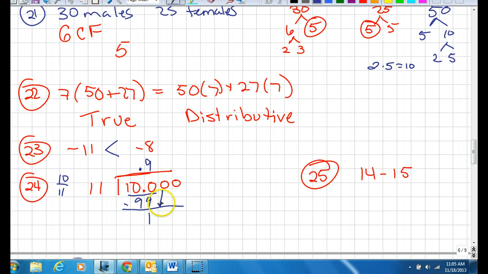I'll bring down this 0. Does 11 go into 10? No. So I have to put a 0 here before I can bring down another 0. 11 goes into 100 9 times. You guys see what's happening here? It's repeating. So the repeating decimal is 90.